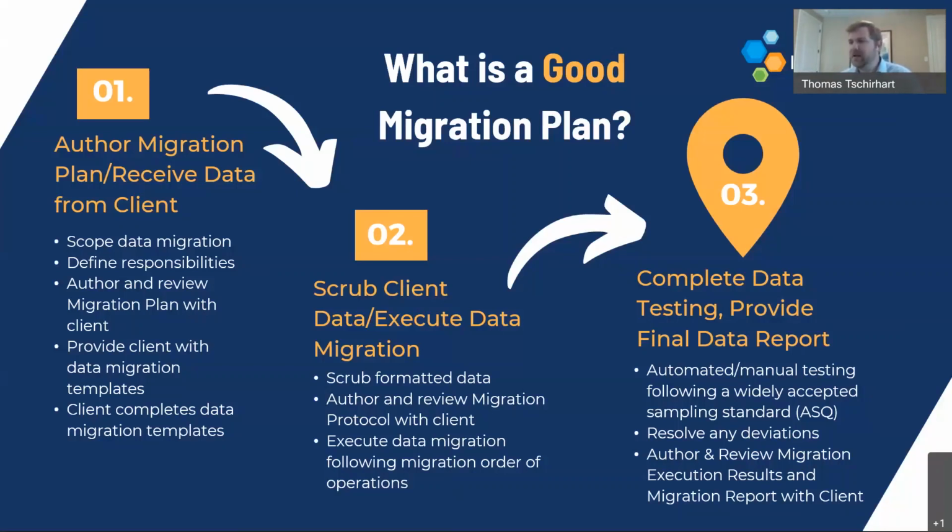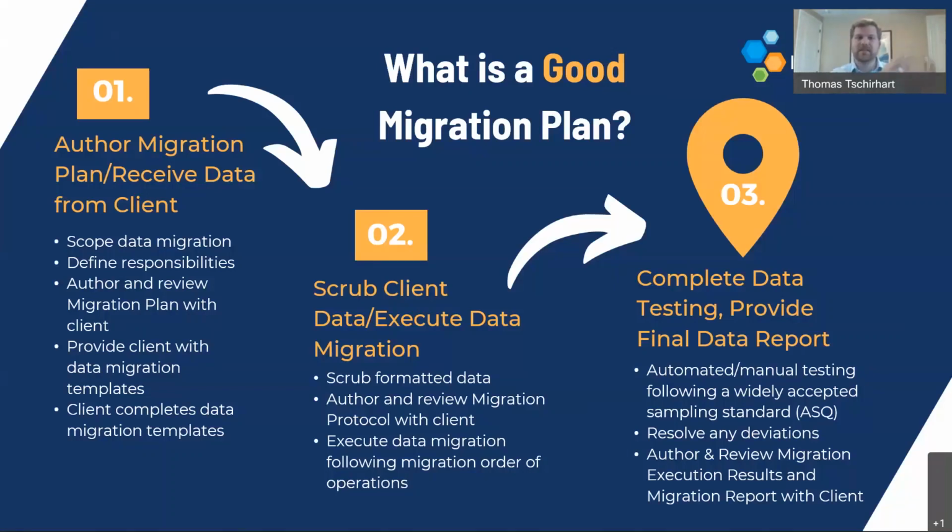In that second step, probably the biggest item would be executing the data migration following an order of operations. That's how we think of it here. To explain this bullet point a little more, let's take the example of moving control documents, GMP documentation, our standard operating procedures, our policies, information like that.